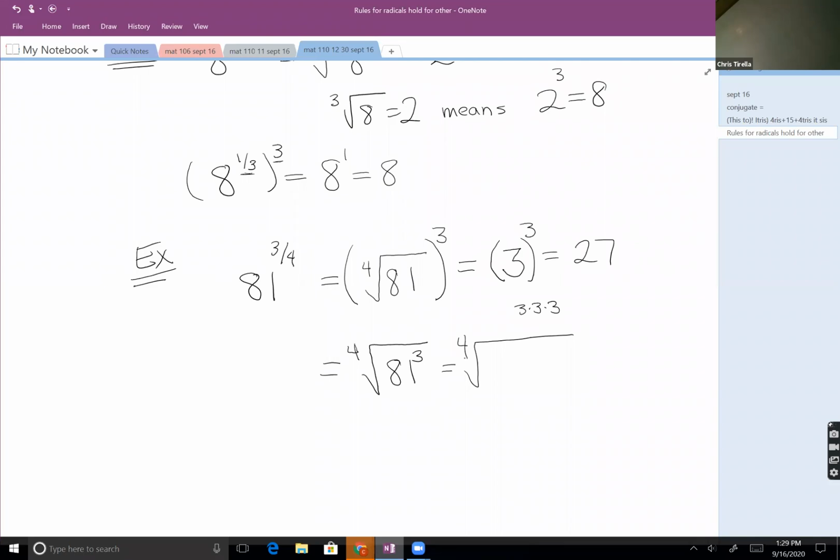If I raise 81 to the 3rd power, I get 531,441. God, that's a big number. And then if I go through and take the 4th root of that answer, it still takes me to 27. And so the order in which you do it doesn't matter. But does everybody notice that if you take the root first and then raise it to the power, the numbers don't get quite as scary?